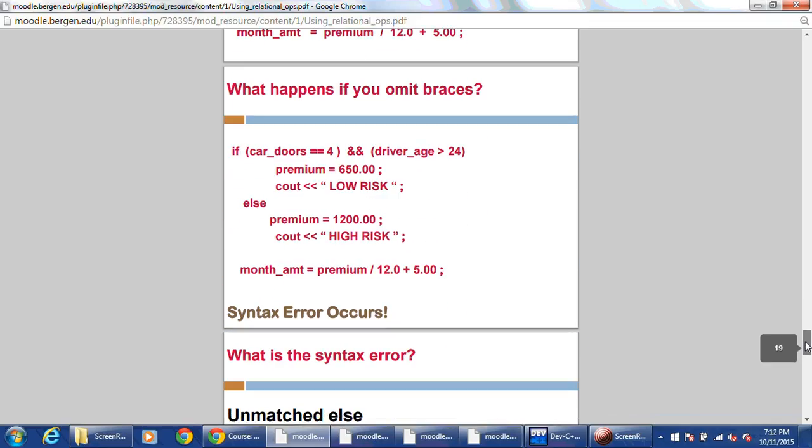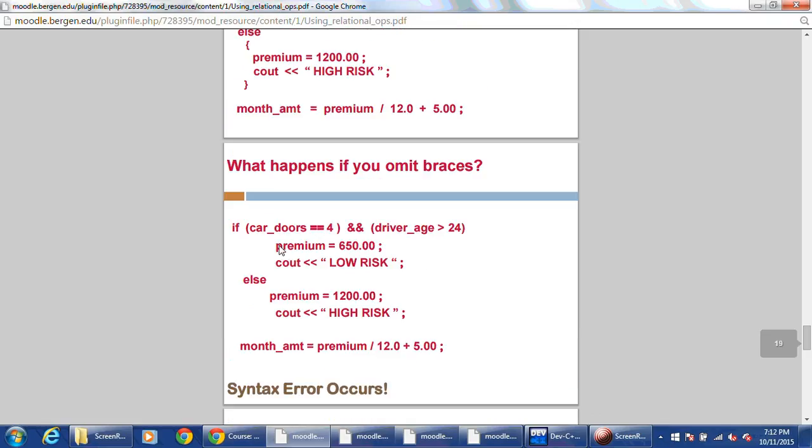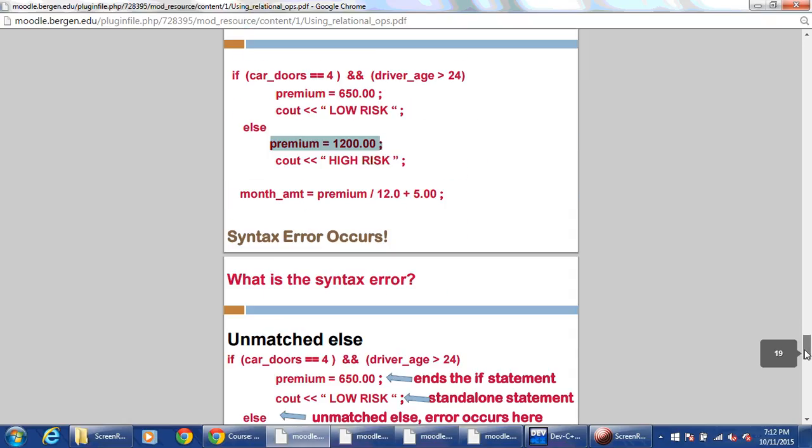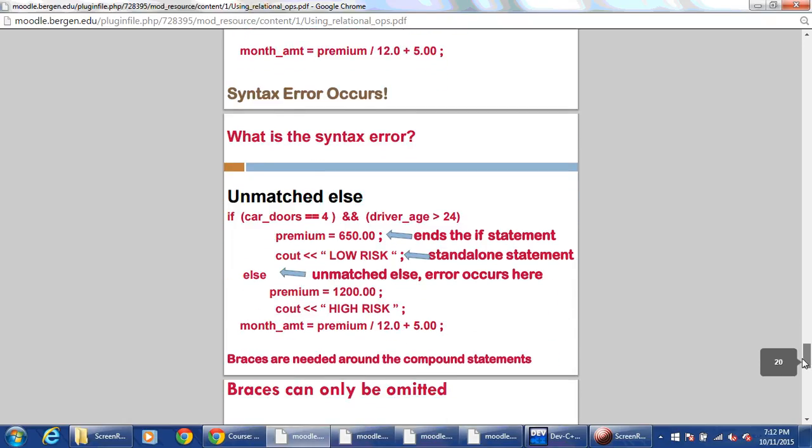If you omit the braces and you have two or more statements, then you're going to have a syntax error. This is illegal. You cannot do this. So what is a syntax error? Even though you have this in the body, this is going to end the if statement.